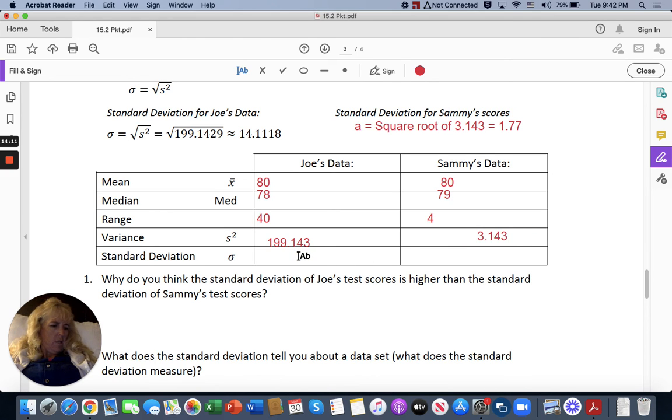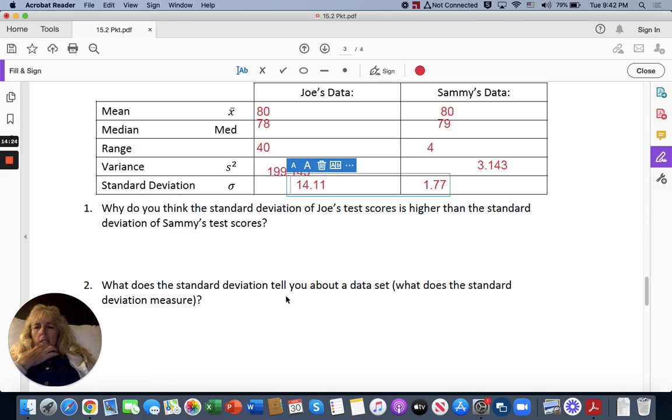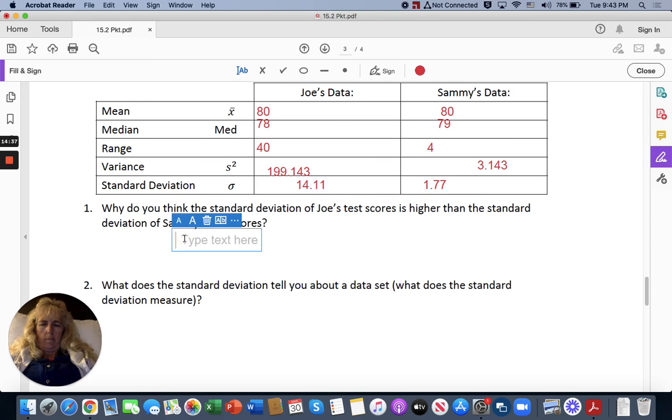Standard deviation is 14.11 for Joe's data and 1.77 for Sammy's data. Why do you think the standard deviation of Joe's test score is higher than the standard deviation of Sammy's test scores? Well, Joe's data has a wider spread. Sammy is more consistent.